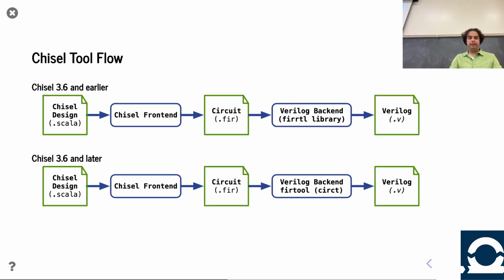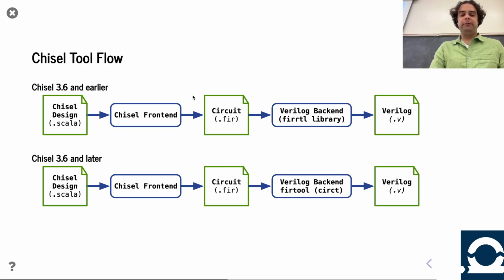Okay, so like I said, in the Chisel tool flow, you have your hardware design in Chisel. It's a Scala program. When your Scala program is running, the Chisel front end emits FIRRTL, which you think of as a circuit in the actual hardware, and then gets passed on to a backend. So for many years, that was this FIRRTL Scala library I was telling you about. That generates the Verilog. Now it's a different program, a different code base called firtool, for instance, using CIRCT, this additional set of code. But you can see that a lot of the things are the same, right?